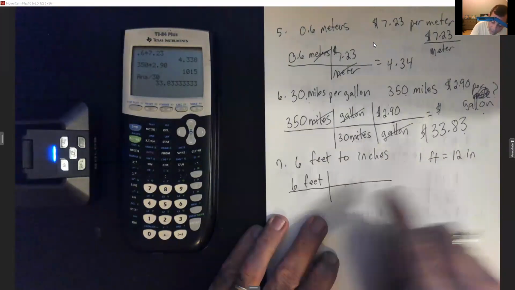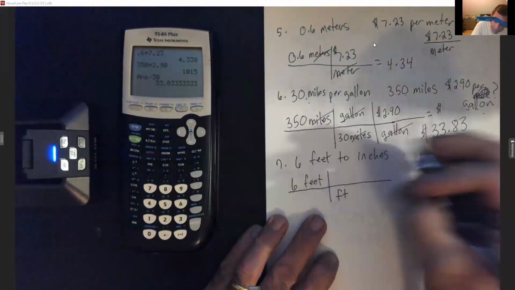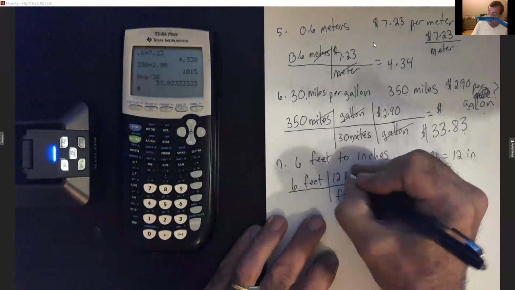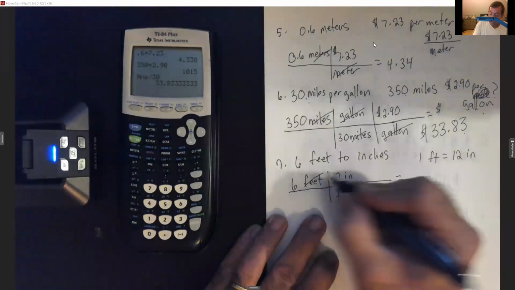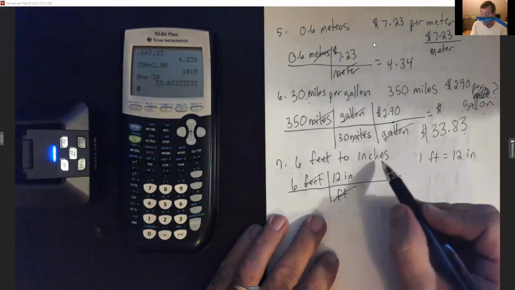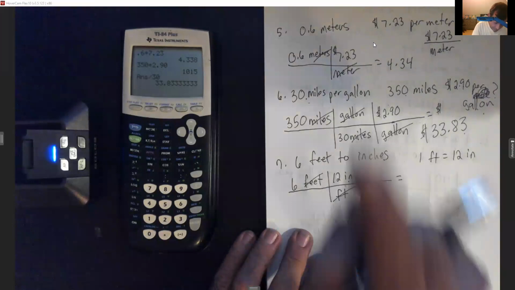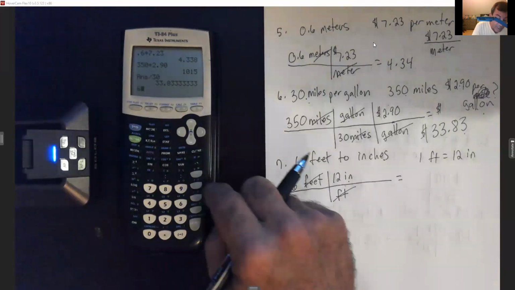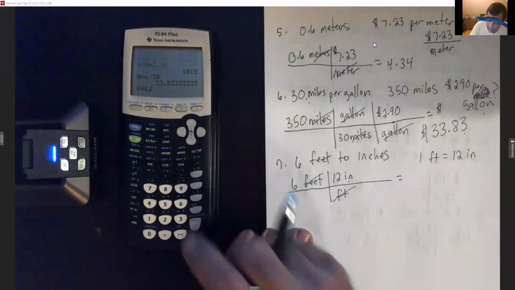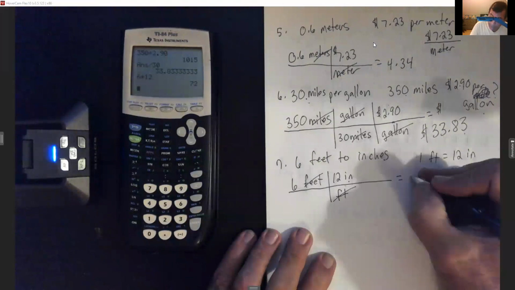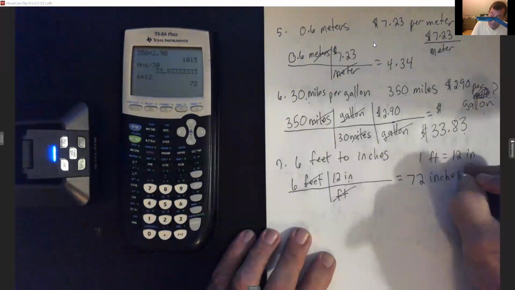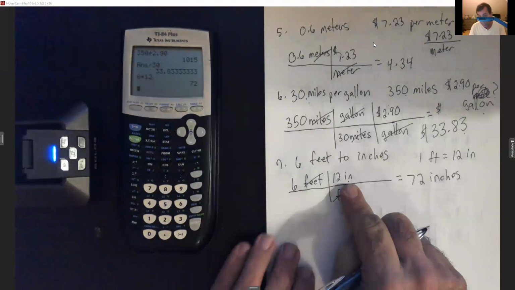So for 1 foot, it's 12 inches. So notice these feet are going to cancel. You're going to be left with inches, which is what they want. So since these are both on top, you're going to multiply 6 times 12. That's going to give me 72 inches, since inches was the unit left.